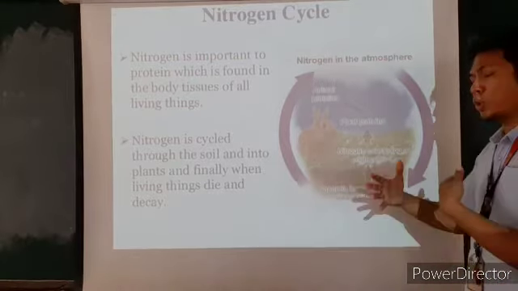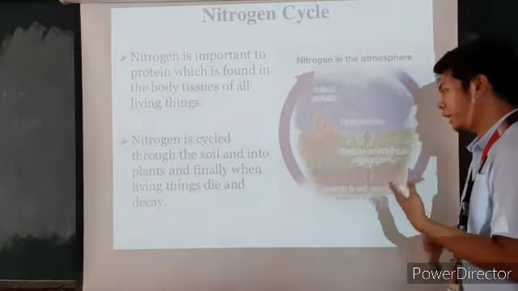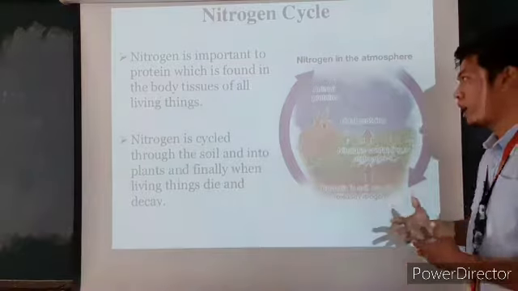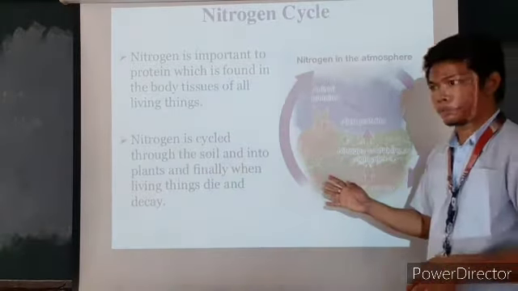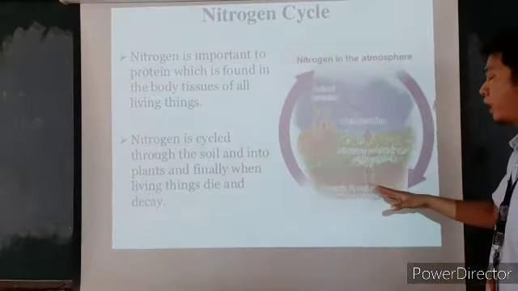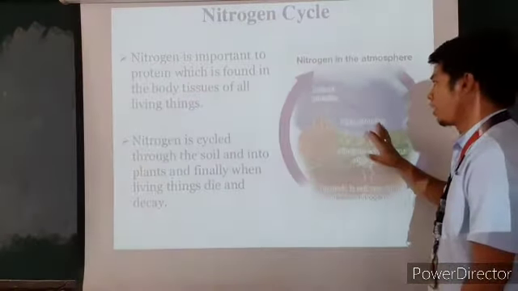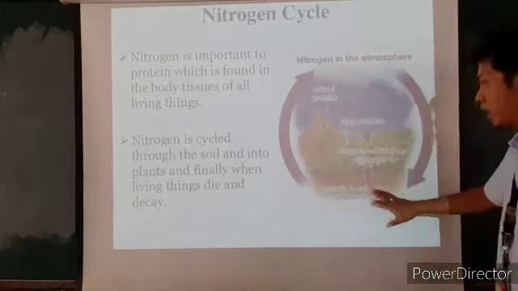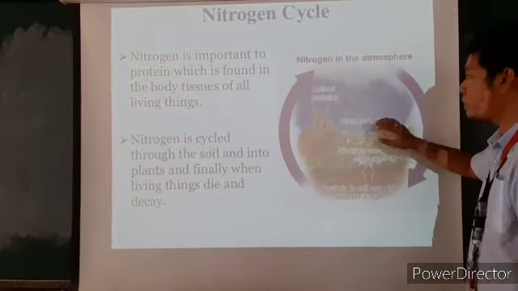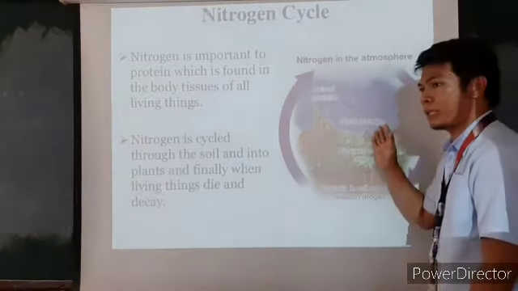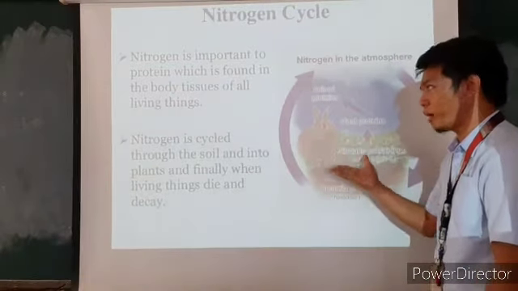Gina-consume nila, and then pagkatapos, i-release nila para maging pagkain, or pataba ng mga plants sa surface ng Earth. And then those plants consume the nutrients of the soil, and those plants make protein. Those plants will be eaten by animals or humans, okay?